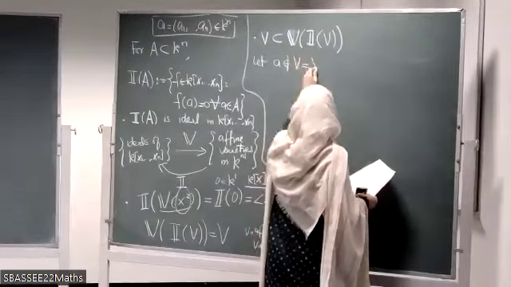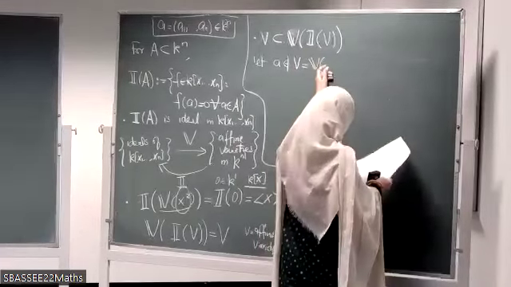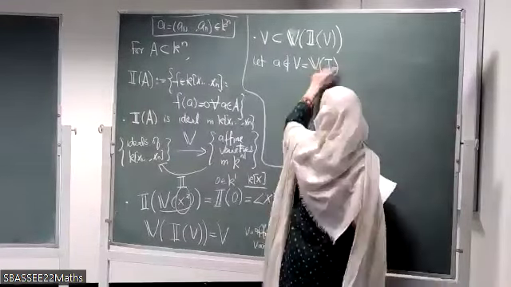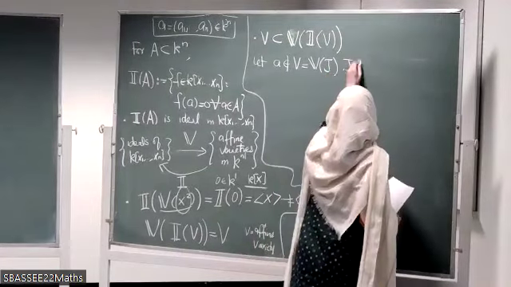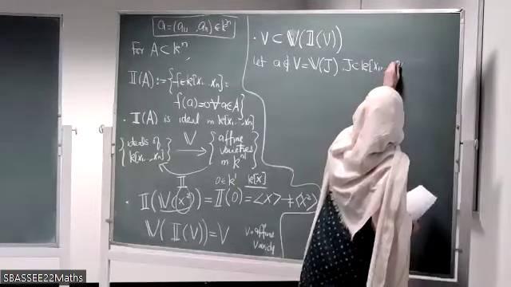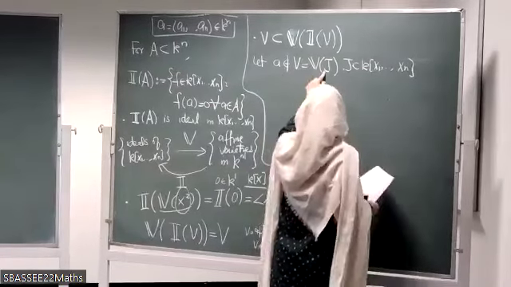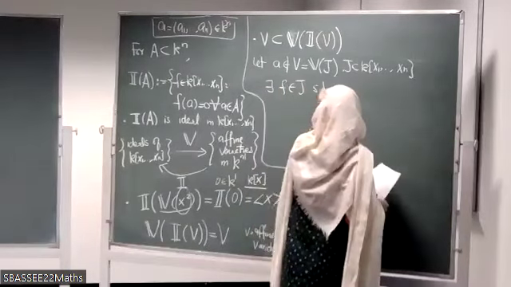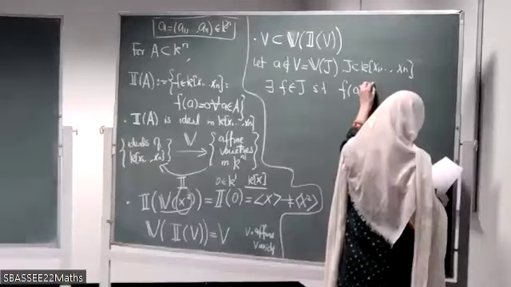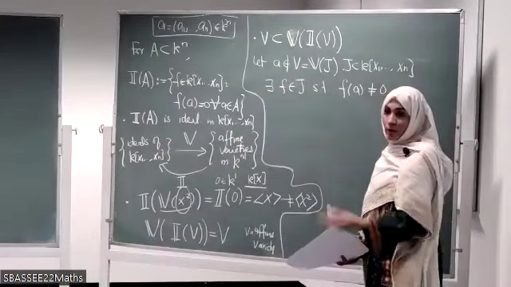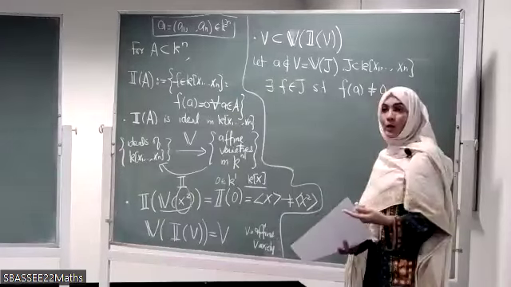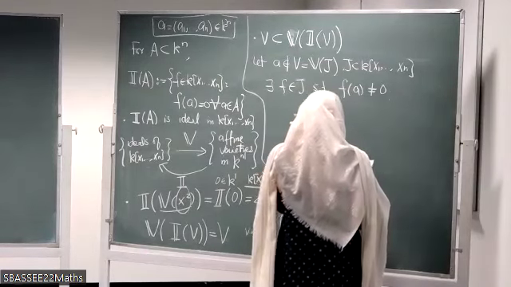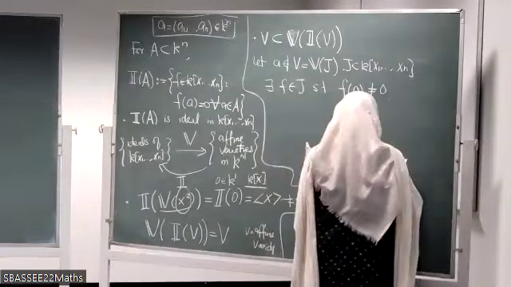Because this is a variety, I can write it as something. I said that this is a variety, so it is always the zero set of some J. So if A is not here, there is a polynomial in J such that f of A is not zero. Agree? By definition, because I'm not taking a point from here, this means that there is at least one polynomial which is not zero at that point.